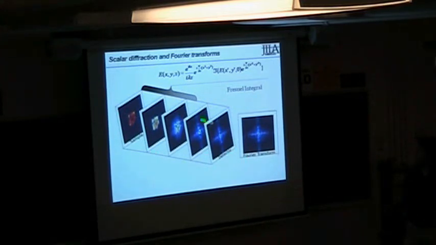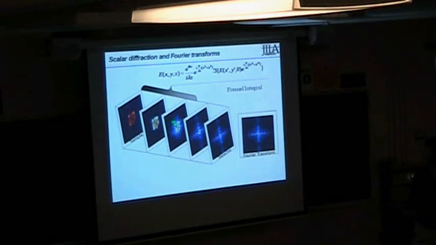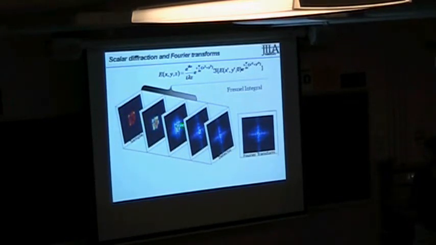I'm going to be talking a lot about light propagation, so I just want to give you an idea of what type of signal we're measuring. Say we have a sample like this. This is just a test pattern. This shows what the light scattered from that pattern looks like as it moves further and further away. It starts out looking like near field diffraction, which is defined by the Fresnel integral, an approximation to the Kirchhoff diffraction integral.